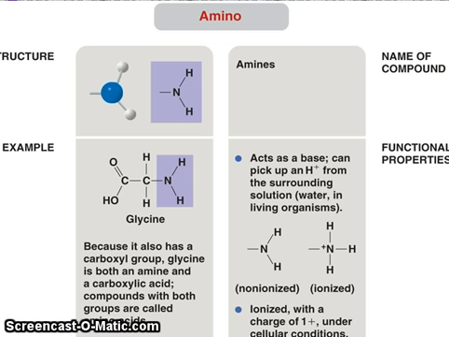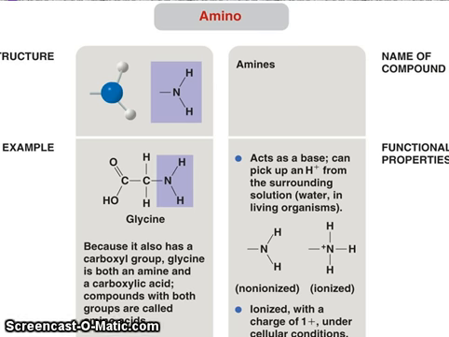Amino groups. The amino group, NH2, consists of a nitrogen atom bonded to two hydrogen atoms and to the carbon skeleton. That means there's carbon in there. The compounds are amines. Glycine is an example.